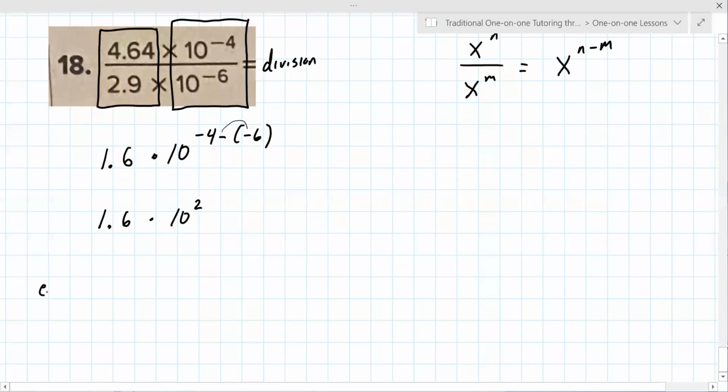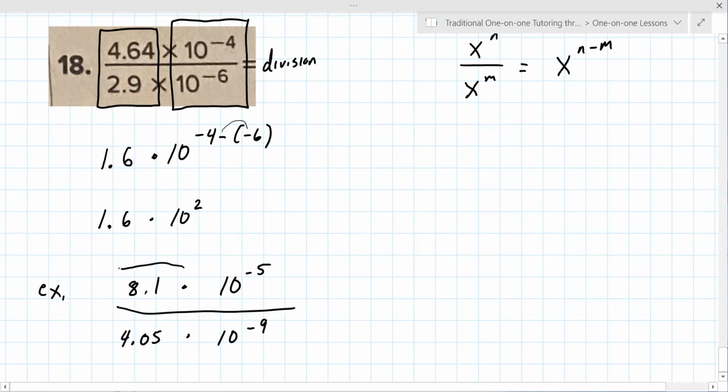Okay, let's try another example here. 8.1 times 10 to the -5 divided by 4.05 times 10 to the -9. So just like in the previous example, you're going to divide these first.